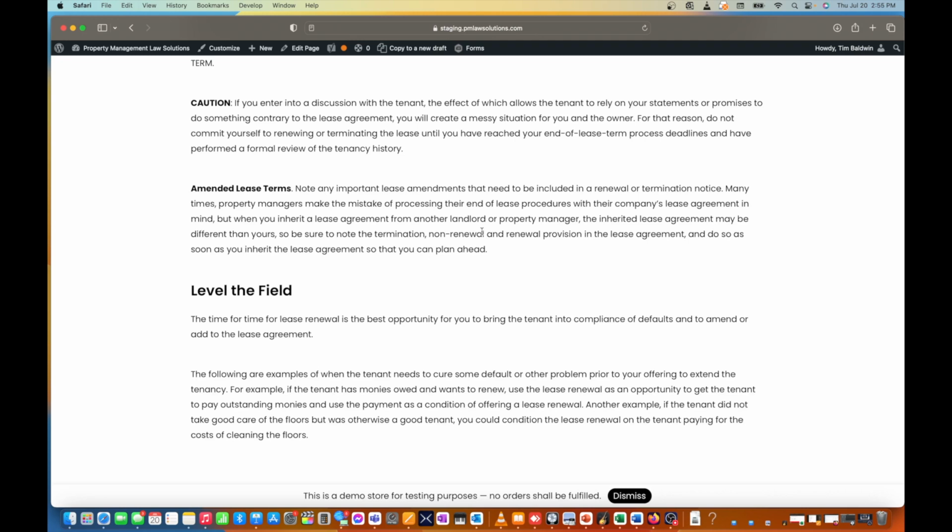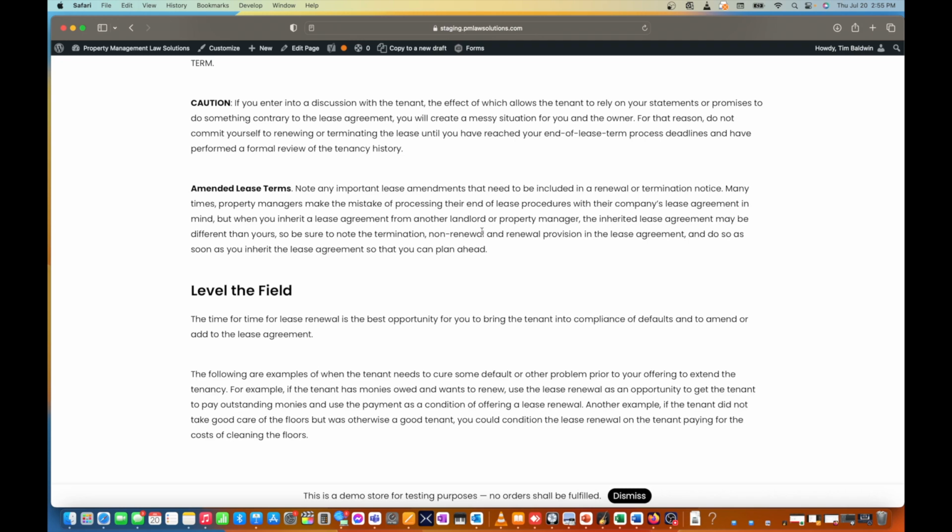Maybe it came from another management company. Maybe it was just an individual landlord who had some landlord-tenant form that he downloaded. So when it comes time to renew, we always want to make sure that we have the updated or amended lease terms that we're going to use for the next lease term. Always have that in your mind when you're thinking about end of lease terms and renewals.